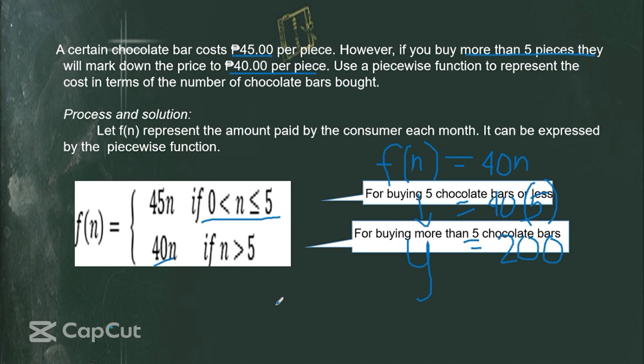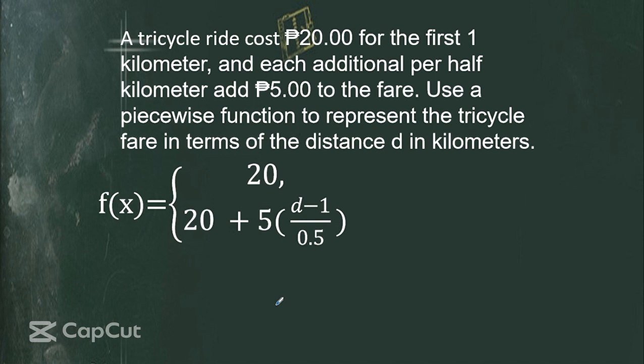So, next, last one. A tricycle ride costs 20 pesos for the first 1 kilometer. That is what you pay if you ride a tricycle.